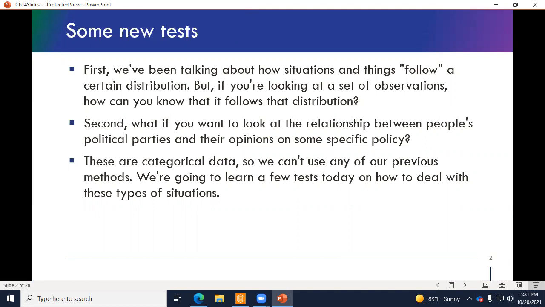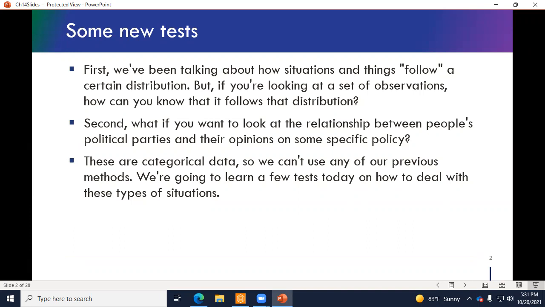So I said this is a new test. You noticed it's called a chi-square test. So what is it used for? We have been talking about different things following a certain distribution, like the normal distribution or binomial distribution. But what if you are looking at a set of observations?